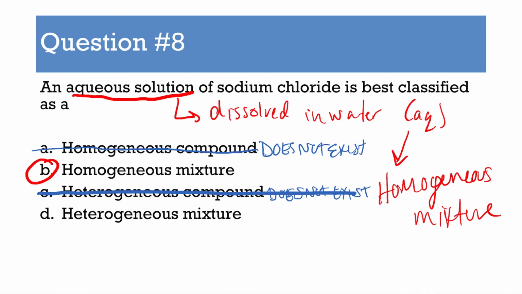Let's just make stuff up. So they do that. Do not fall for that. So that would just leave you with choice B and D. And again, whenever you have AQ, you should always think homogeneous mixture, because it's that compound dissolved in water, and generally if it's dissolved completely, you do not see those pieces. Everything is evenly spread throughout, so that is a homogeneous mixture.